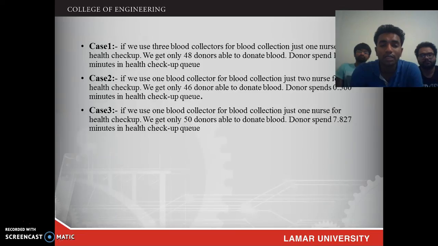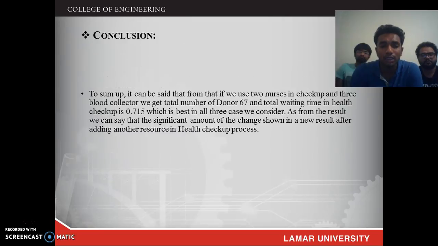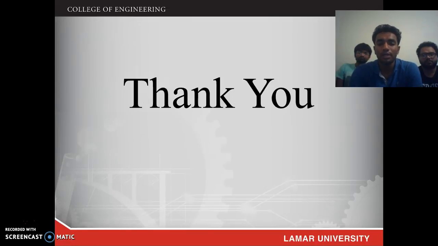Our conclusion is that if we use 2 nurses for checkup and 3 blood collectors, we get 67 blood donors, and the average health checkup time is lowest across all 4 categories. So we can say that a significant change shows in the new result. So this is our simulation model project. Thank you.